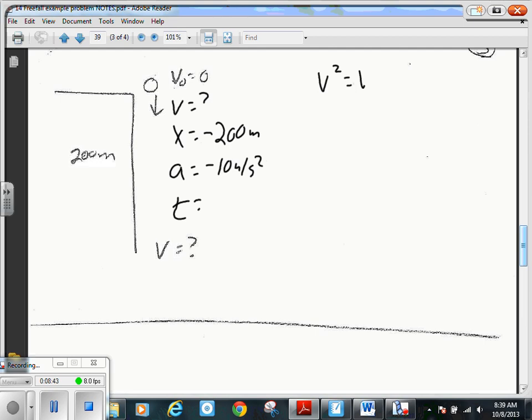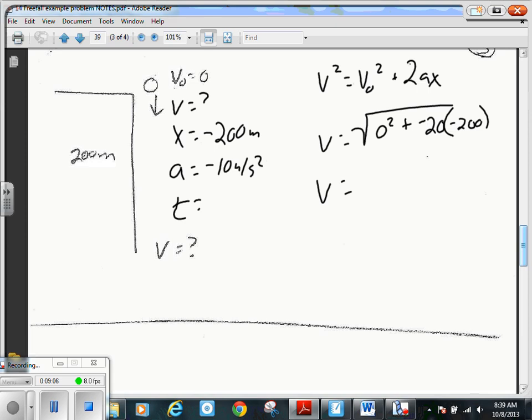We could use a couple, but why in this case? So we're looking for v, so it's the square root of 0 squared plus a negative 20 times a negative 200.